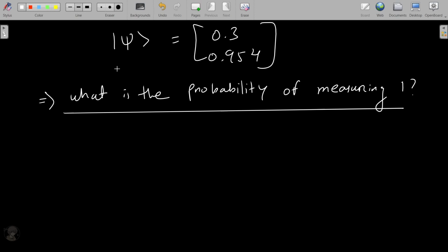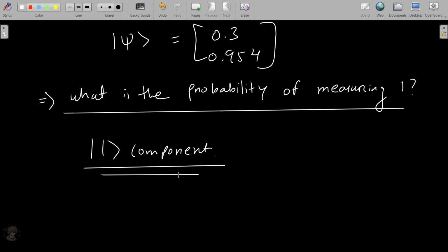To get the probability of measuring 1, we square the amplitude of the |1⟩ component.